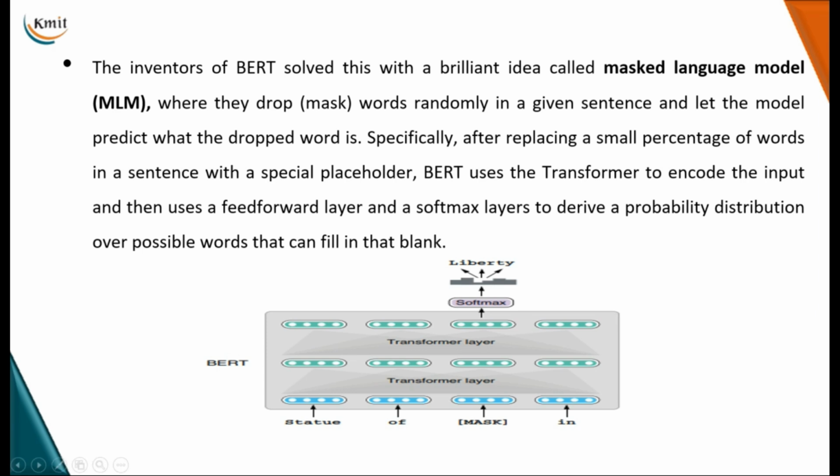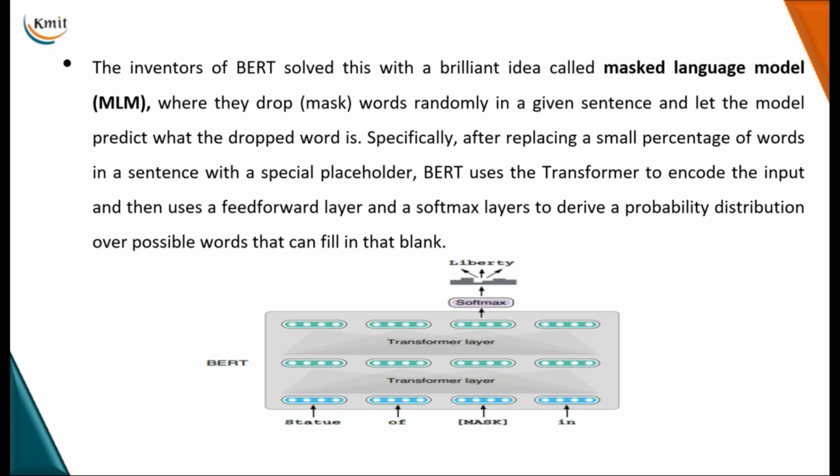So for that reason, the inventors of BERT solved this problem with a brilliant idea called MLM, the masked language model. As you can see, they mask a few of the words randomly in a given sentence and let the model predict what the dropped word is.